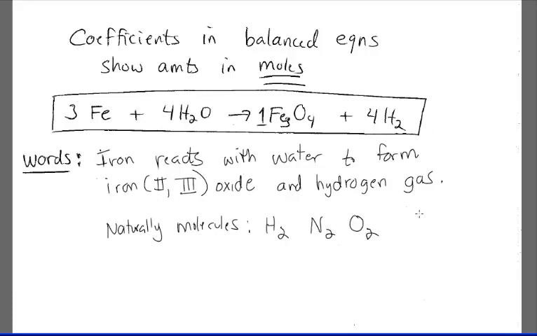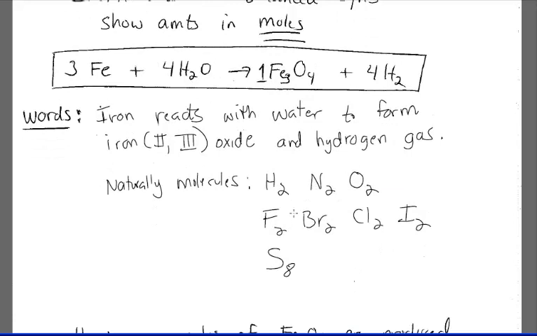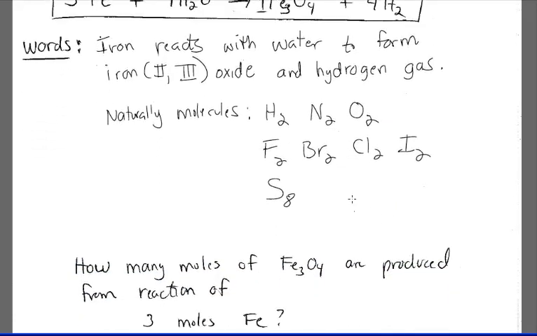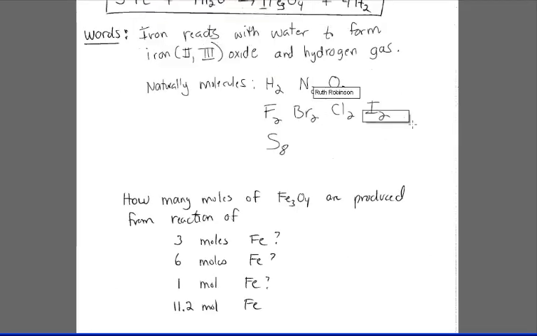N2, O2, all of the halogens are all diatomic. And then there are some other species that are other than diatomic, like sulfur. So you need to know that when we say these elements, we mean the diatomic form for all of these other ones.